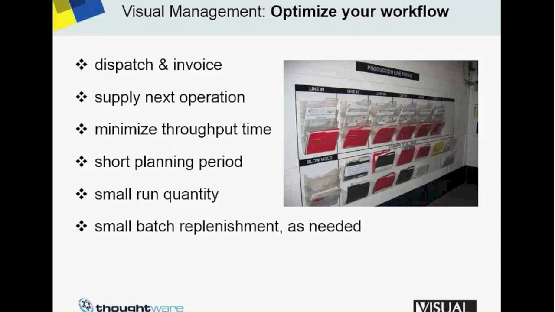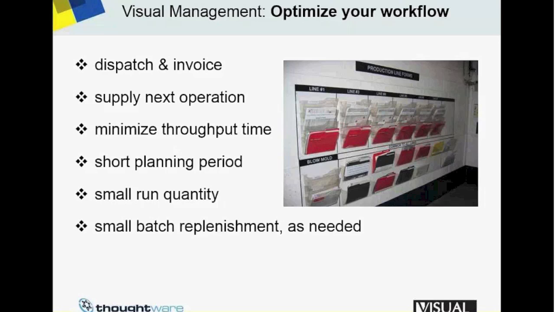Optimizing your workflow means only producing those products which you can make and quickly dispatch and invoice to the customer. Only making for the next operation those components you need to assemble or complete the next operation.